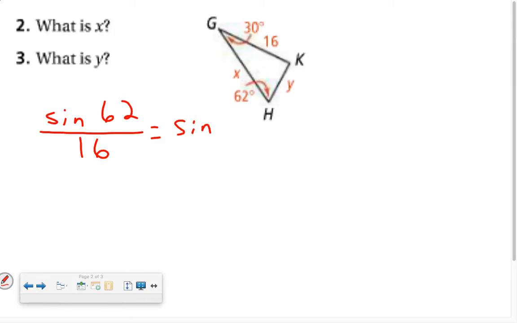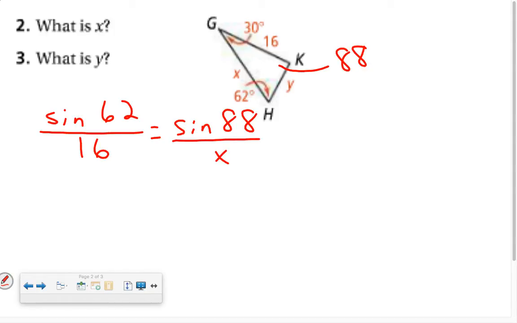But if you remember anything from geometry, I would hope that you'd remember that the three angles of a triangle add up to 180. So 30 plus 62 is 92, and when I subtract that from 180, I find that this angle is 88. So the sine of 88 over x.